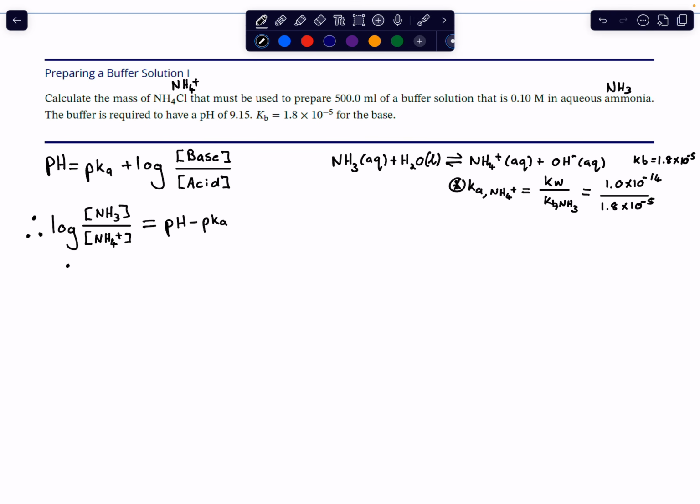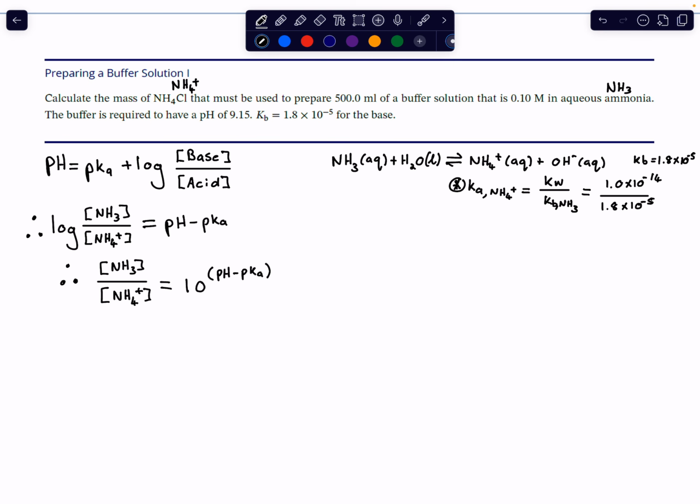Alright, and then if we want to get rid of the log, we need to take 10 to the power, so that means we're left with NH3 divided by NH4+ equals 10 to the power pH minus pKa. Alright, and what do we want?